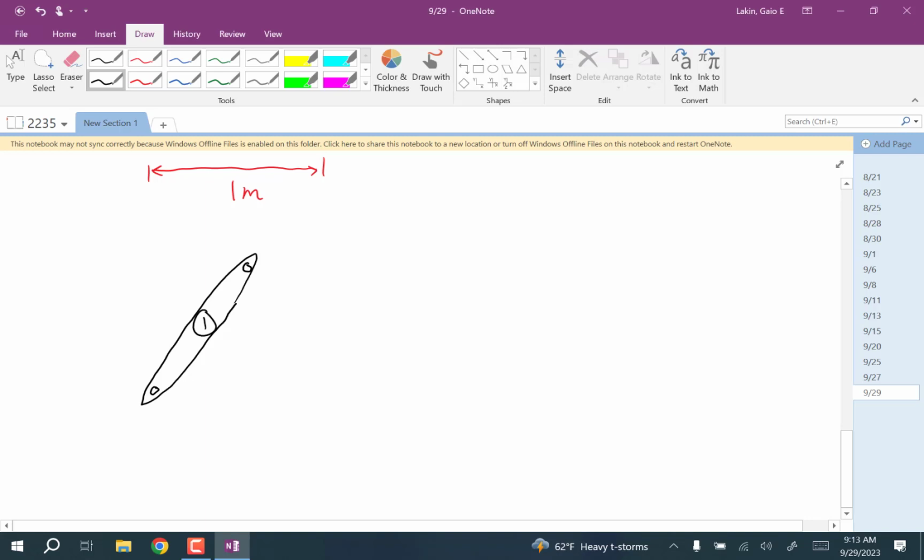That's member 1. And then the pin here is A. The pin here is B. And we're treating those like particles. We're ignoring the dimensions in this plane. And then we have another member here, member 2.